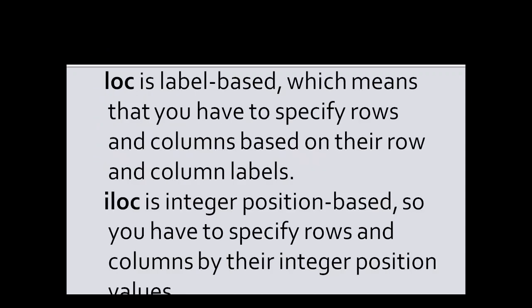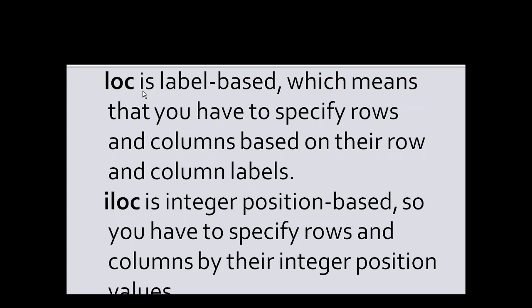loc is label based. The thing you have to remember is loc is label based, whereas iloc is integer position based. That means if you want to mention the label of your rows, then you can use loc, which means that you have to specify rows and columns based on their row and column labels. So when you know the row and column labels, you can use loc.